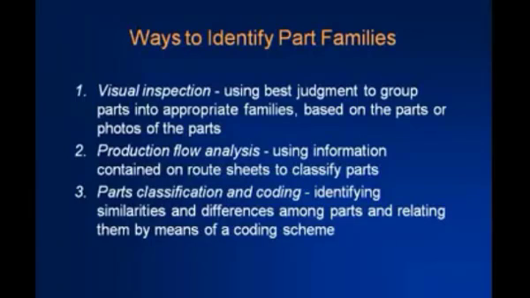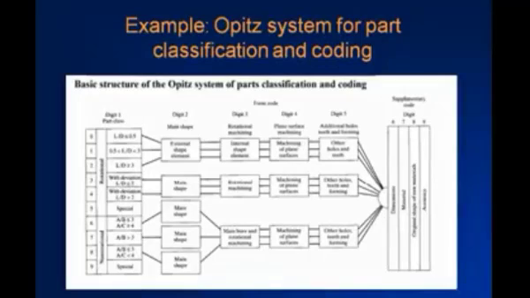So what is a coding scheme? One coding scheme is OPITZ's system for part classification and coding. The basic structure of this system is that digit 1, when we classify the part, is related to its dimensions, the length, diameter, and these things. The second is related to the shape, how it looks.